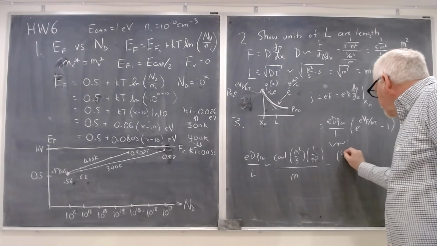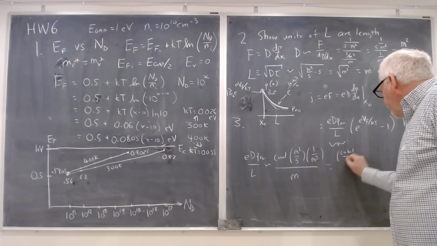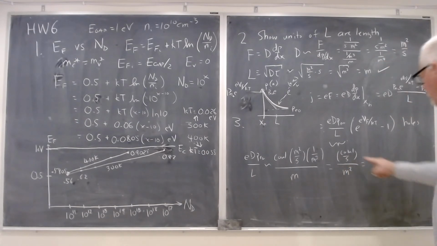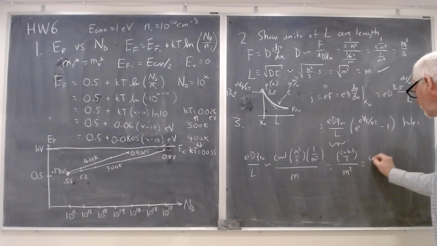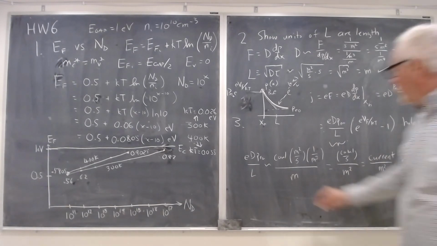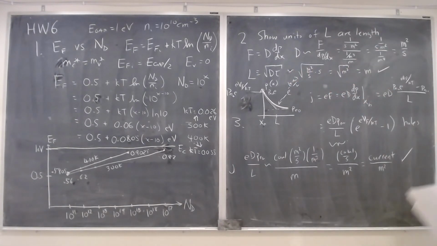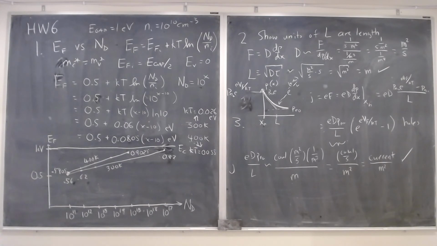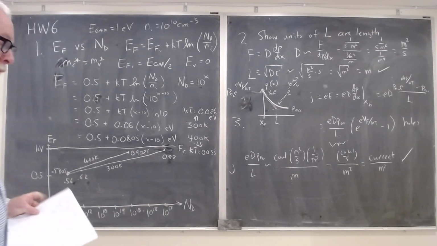So this becomes coulombs per second over meters squared. Coulombs per second is current, which is the units of J. Okay, so hopefully that reinforced a few things for you. And let's move on to today's lecture.